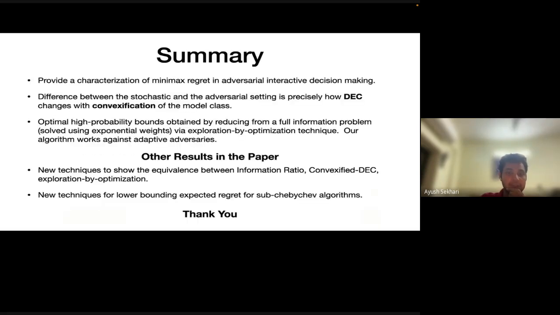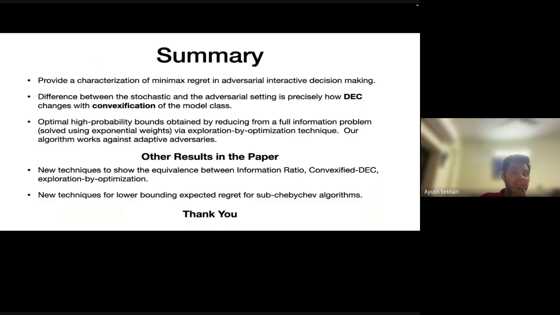Cool. So I'll finally conclude and provide a summary of what we discussed today. So in this work, we provide a characterization of the min-max regret in adversarial interactive decision making, and we show that the difference between the stochastic and adversarial setting is precisely how DEC changes with convexification.